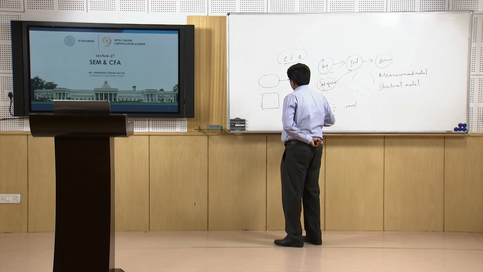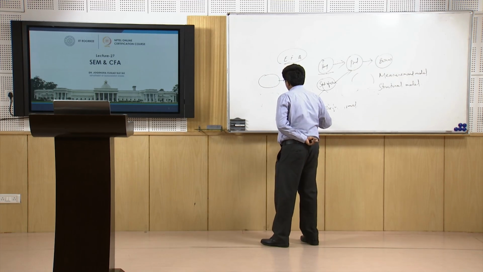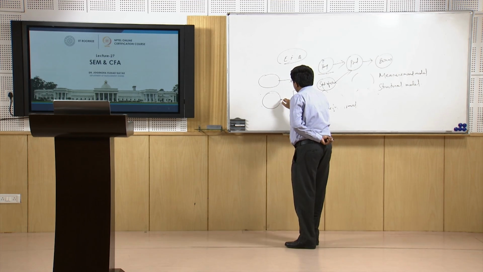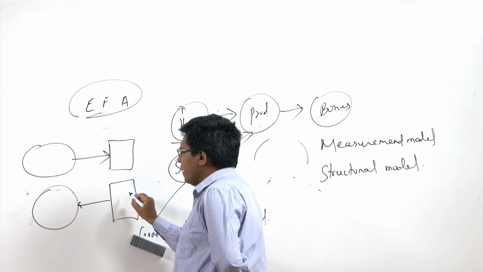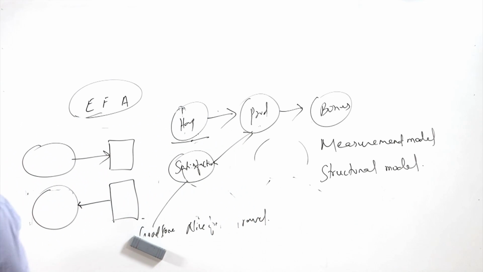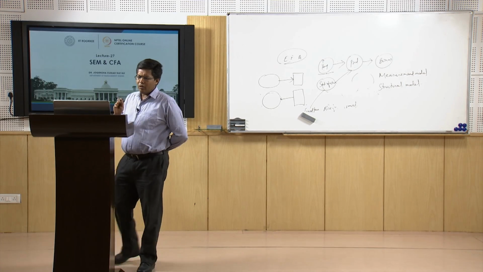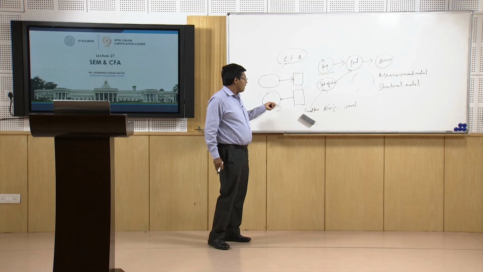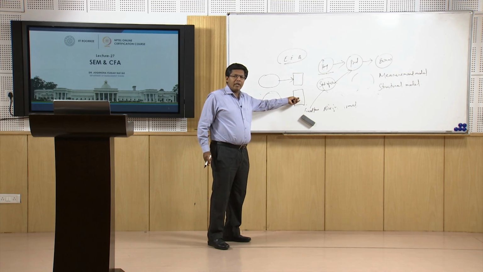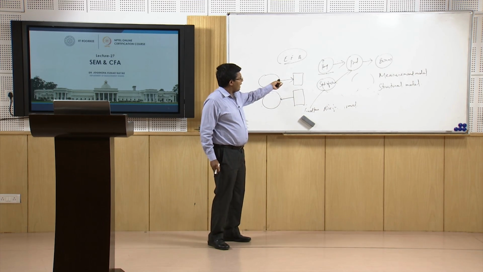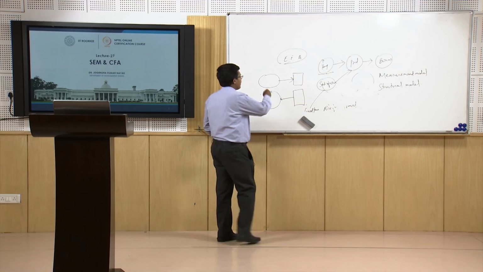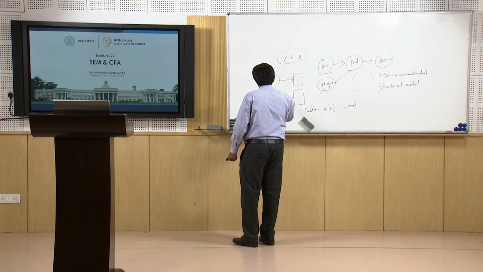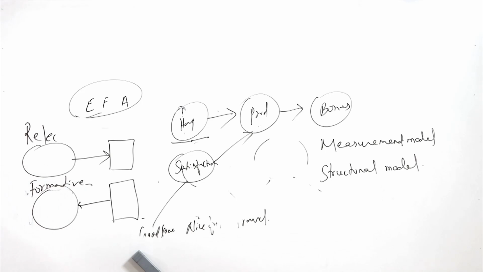In that case the variable is affecting the construct, and the variable is the independent variable, you can say. This is called a reflective construct, and this is called a formative construct, reflective and formative.